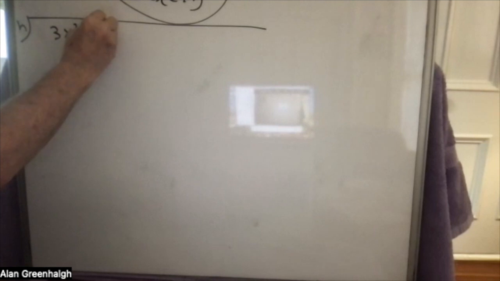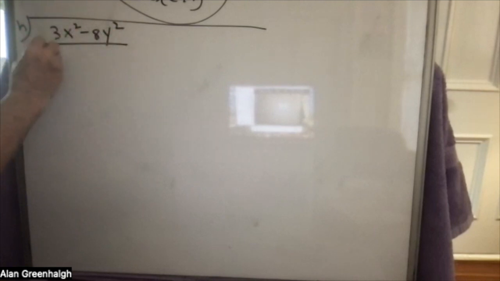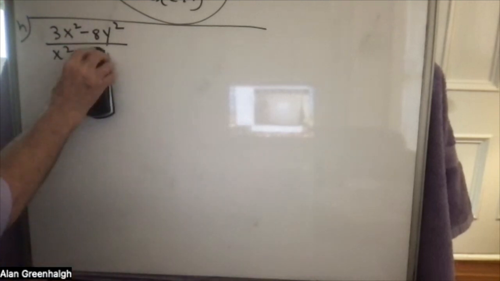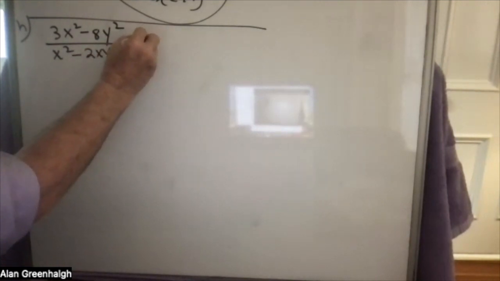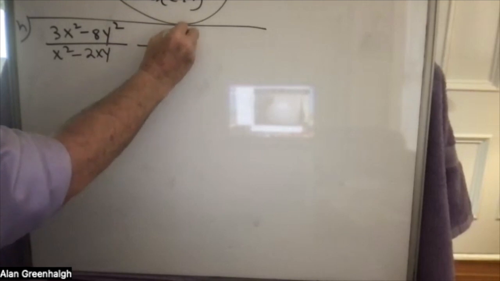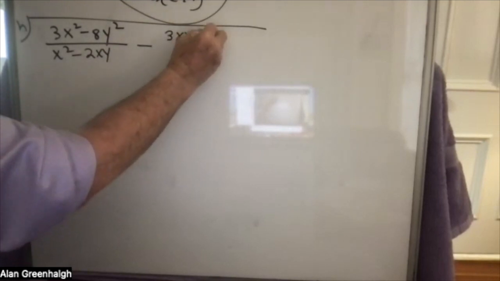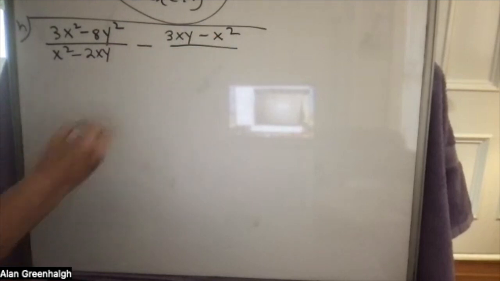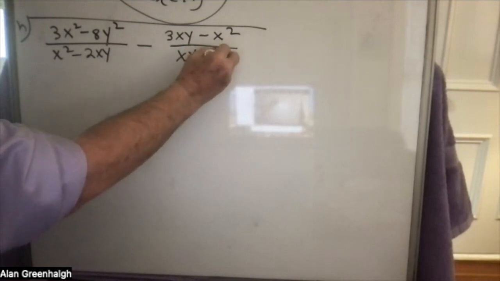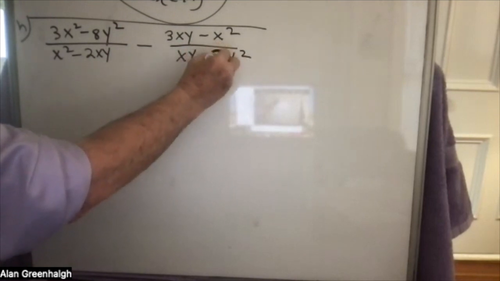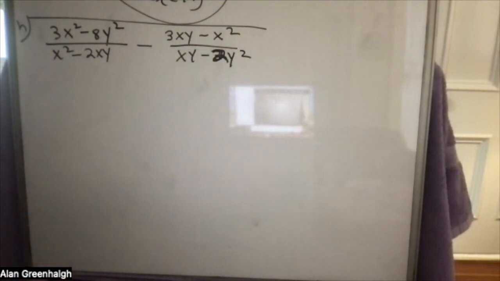3x squared minus 8y squared divided by x squared minus x squared minus 2xy, and this minus... okay, there it is.